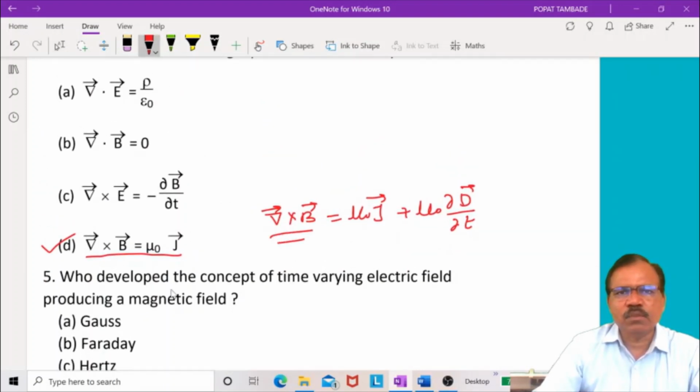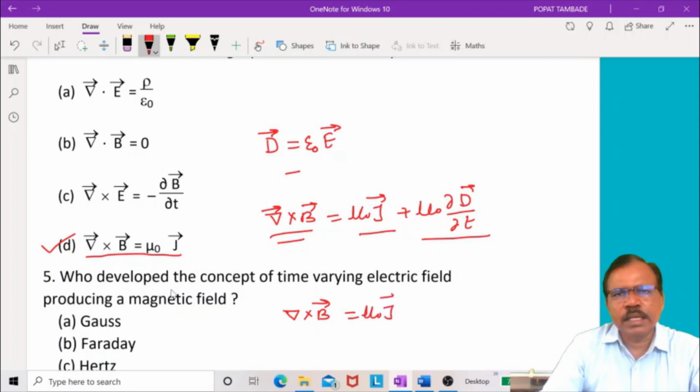Del cross B is equal to mu 0 J plus mu 0 ∂/∂t of electric displacement D. Now we know electric displacement is epsilon 0 into E. So we can write this equation as del cross B is equal to mu 0 J plus mu 0 epsilon 0 ∂E by ∂t.